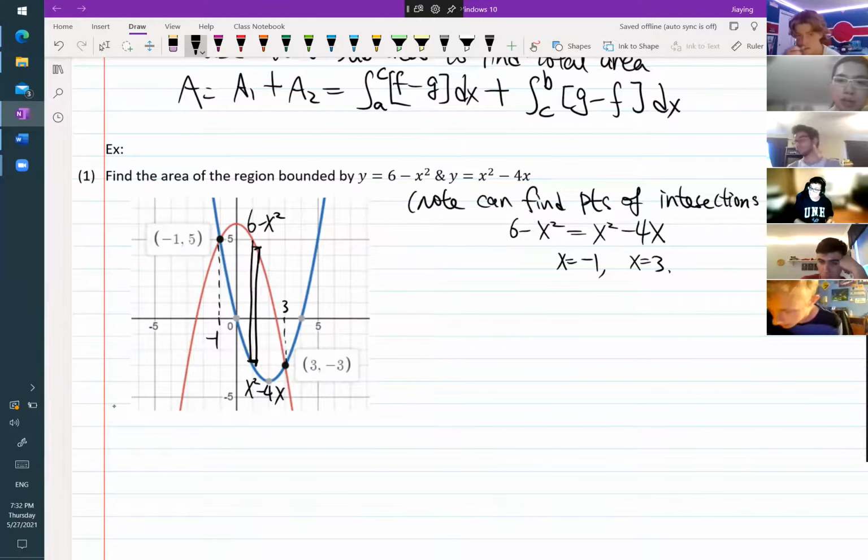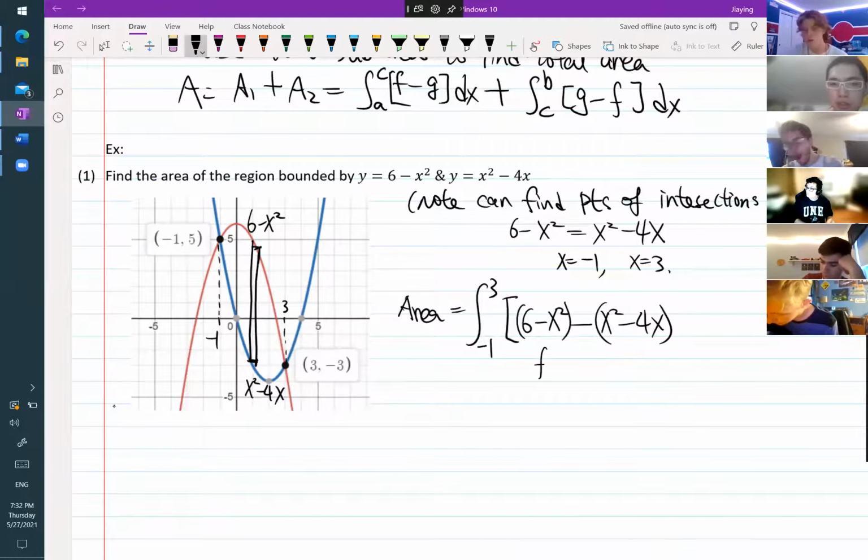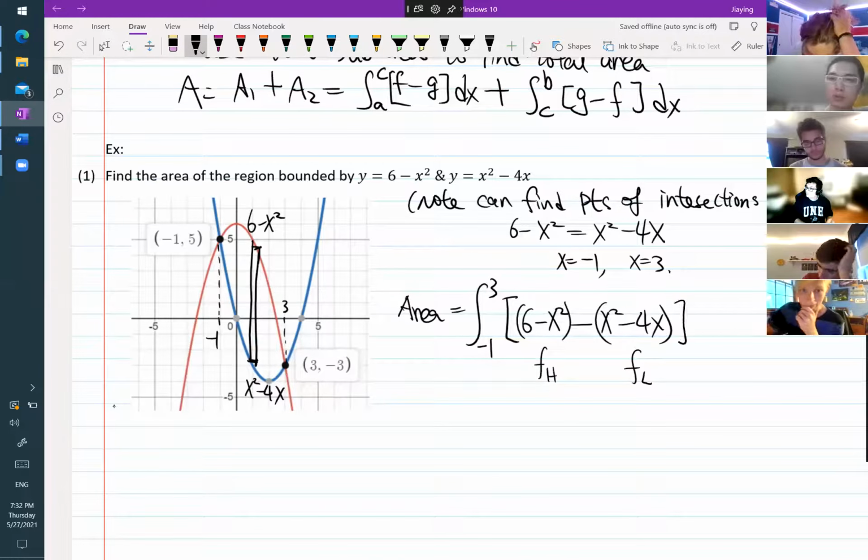So the area we're looking for is equal to the integral from a to b, where a is -1 and b is 3, of the higher function, 6 minus x squared, minus the lower function, x squared minus 4x, with respect to x.